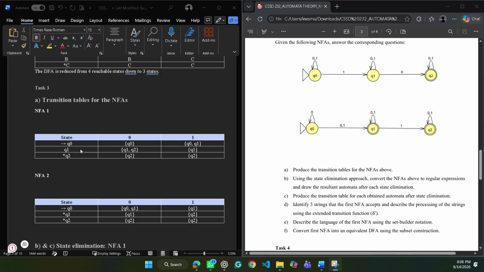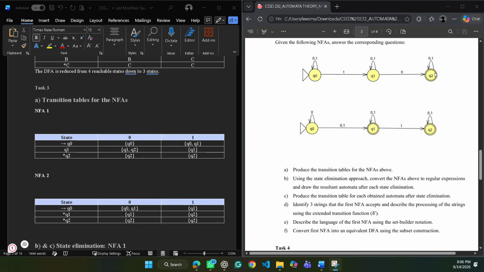If you're at Q0 and you see an input of 1, like I said, you go to Q0 and at the same time you go to Q1. Now let's go to Q1. If you're at Q1 and receive an input of 0, where do you go? You go to Q1 or Q2, because Q1 is a self loop and it also goes to Q2. And if you're at Q1 and you receive an input of 1, you maintain the position.